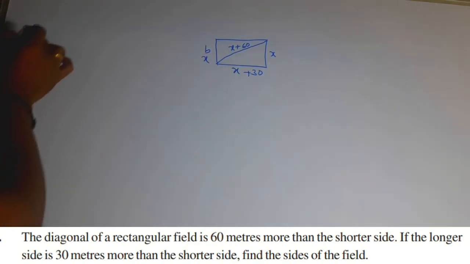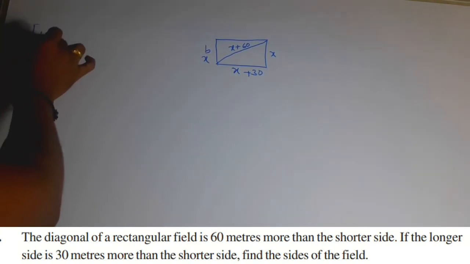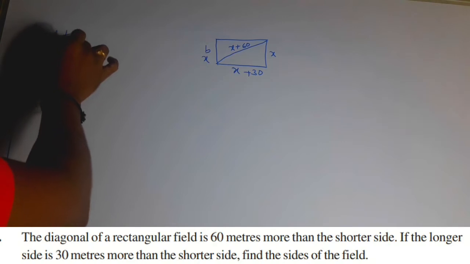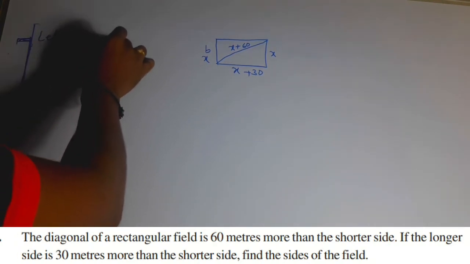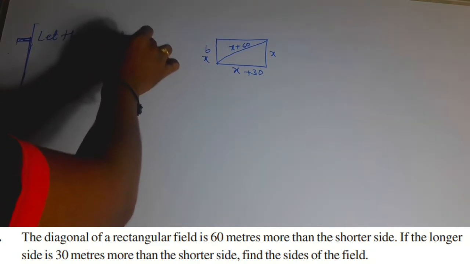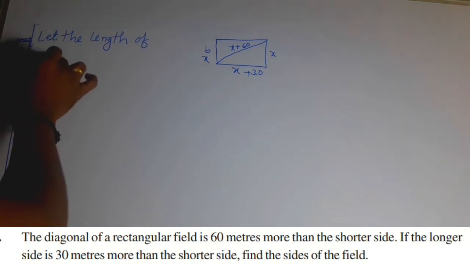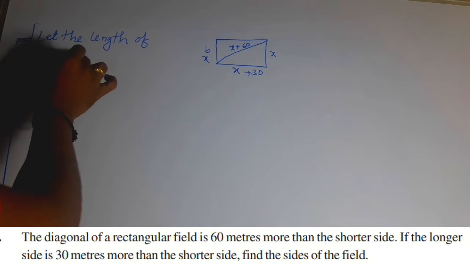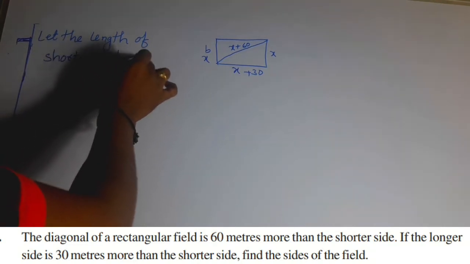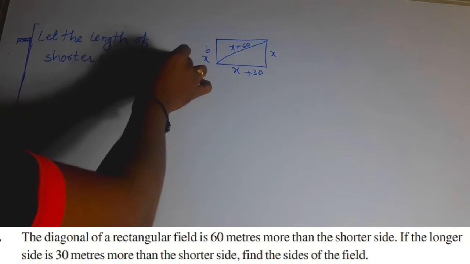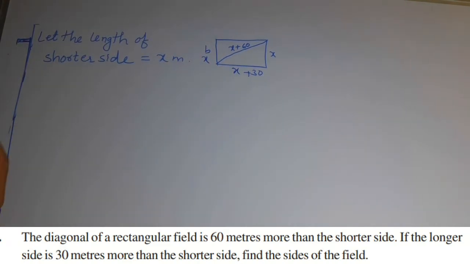Now here, let the length of the shorter side be x meters. The shorter side is nothing but the breadth.